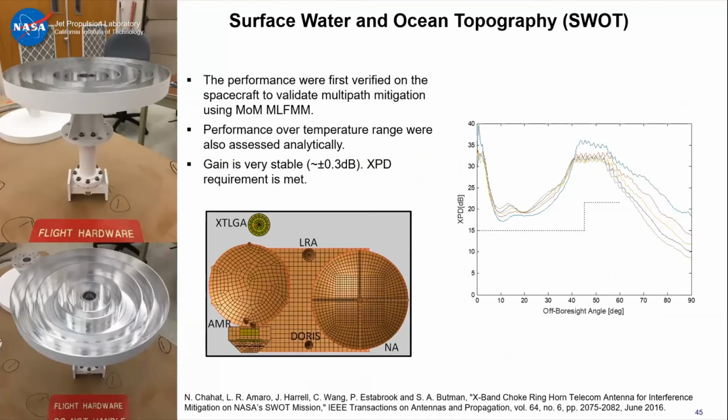Once you do that, you still need to verify that the performance is met on the spacecraft and across temperature. So we tested the antenna from minus 100 to plus 100 degrees Celsius. We simulated the performance on the spacecraft using TICRA GRASP, where we modeled all the key elements that could contribute. You can see that the XPD is still met at 60 degrees on both sides. That was a very stringent requirement that was successfully met by developing this antenna.